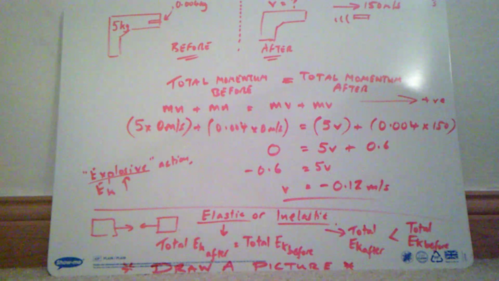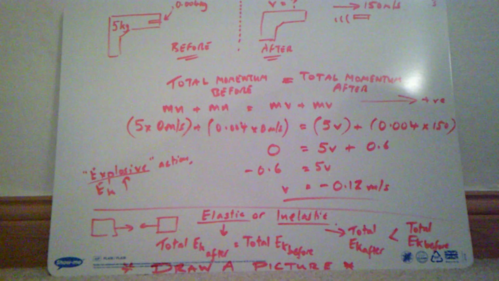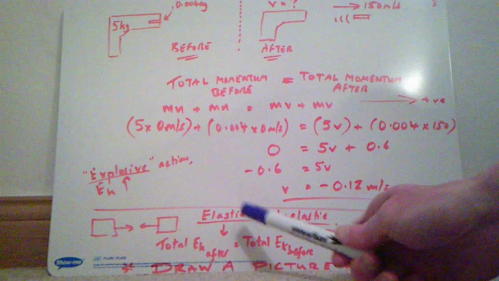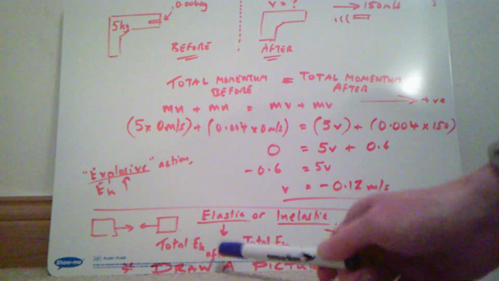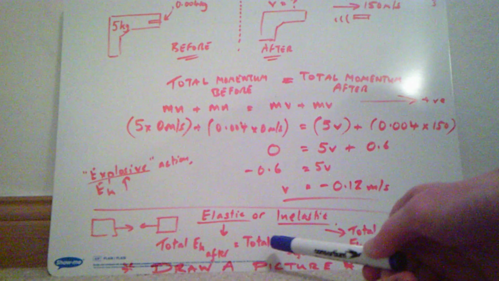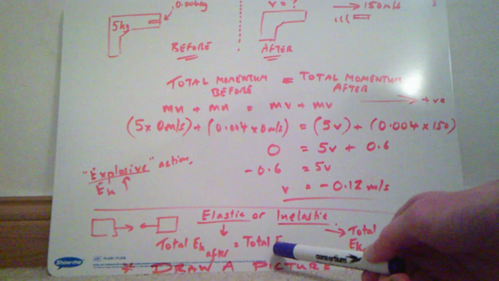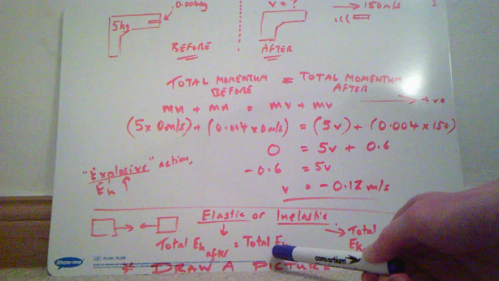So that's Ek equals half mv squared for each of the things involved. Now, if the collision is elastic, then the total kinetic energy after the collision equals the total kinetic energy before the collision. Not many collisions in real life are elastic.